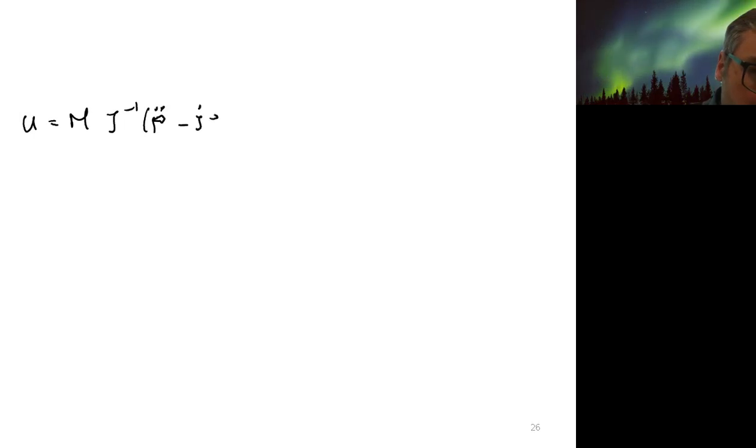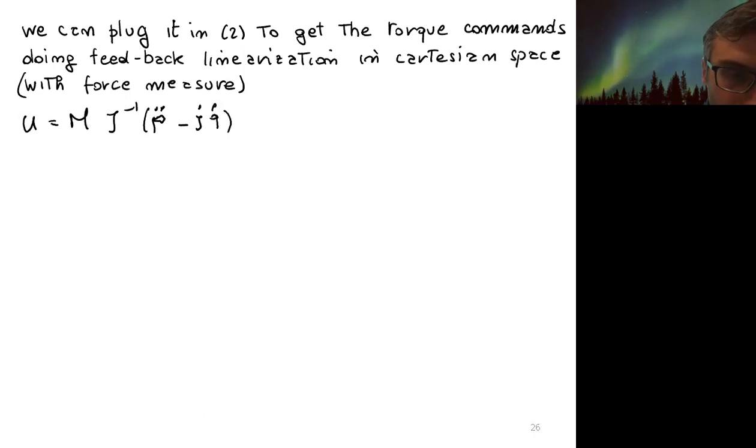So I put M q double dot, I replace the expression I just found, which is J minus 1 times p double dot minus J dot q dot. And then I sum up.